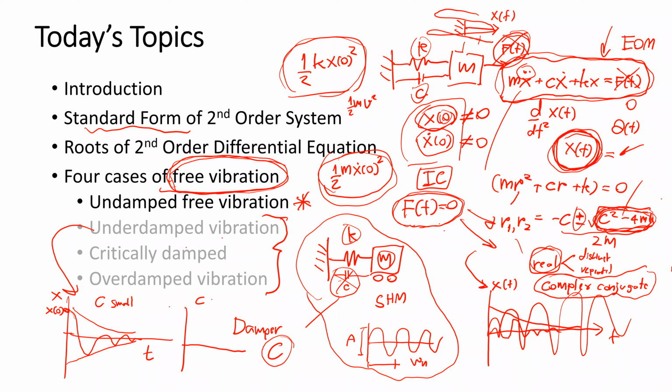When C is big enough, what we expect to see is like you have high damping in the system. You may imagine some system that has a high damping. It's not going to vibrate.